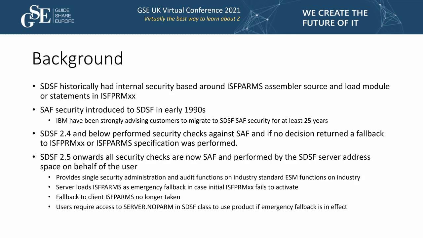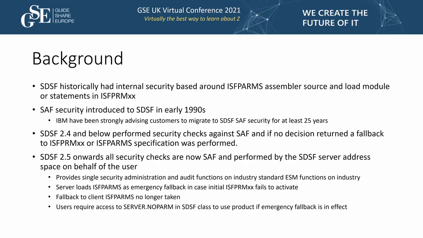But from 2.5 onwards, all security checks are now performed by SAF, and we do not fall back to ISFPARMS on the client side. So the advantage of this is a single security administration and audit function. We're using industry standard ESM functions.